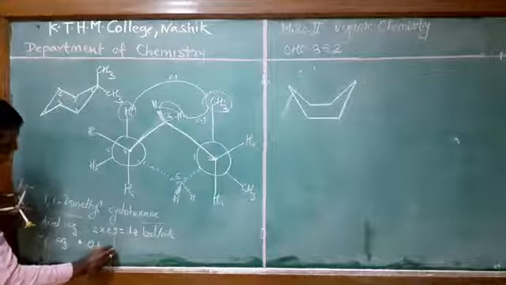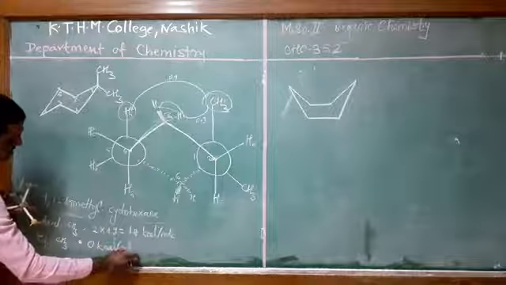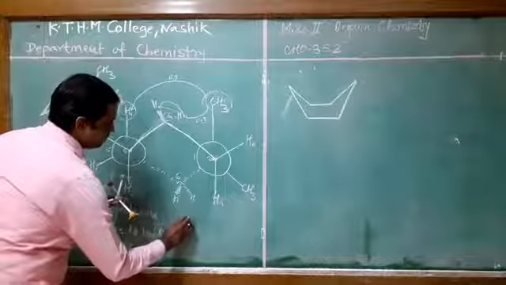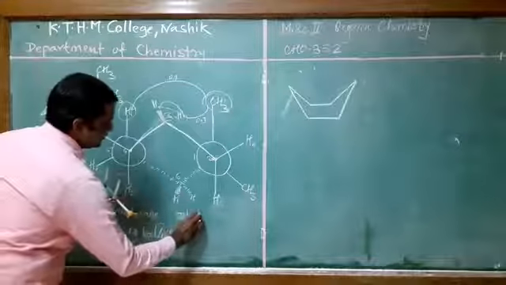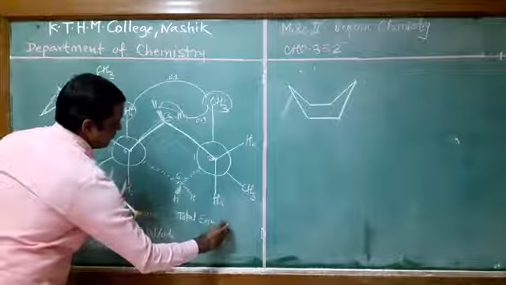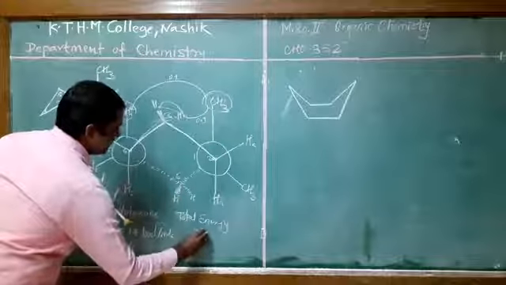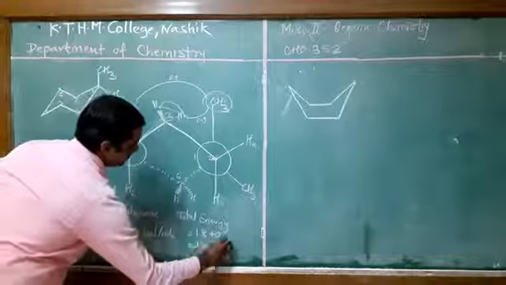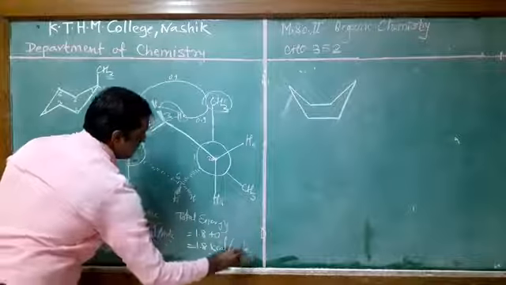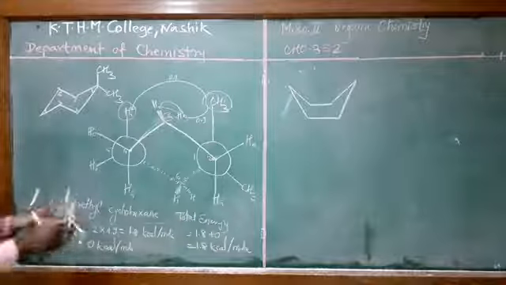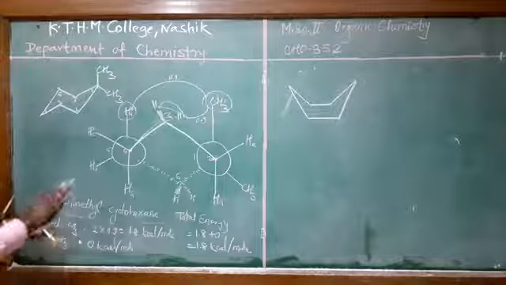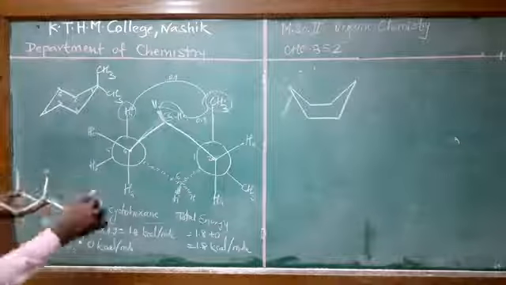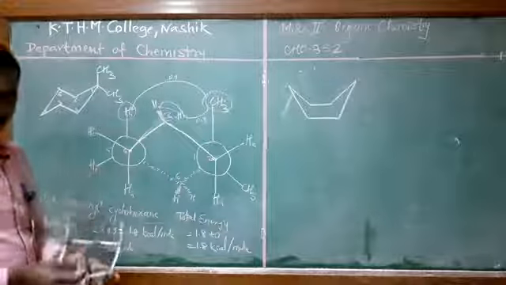So for the molecule, the total energy is 1.8 plus 0, 1.8 kilocalorie per mole. So for 1,1-dimethylcyclohexane, the energy content is found to be 1.8 kilocalorie per mole. And we can say this molecule is optically inactive.